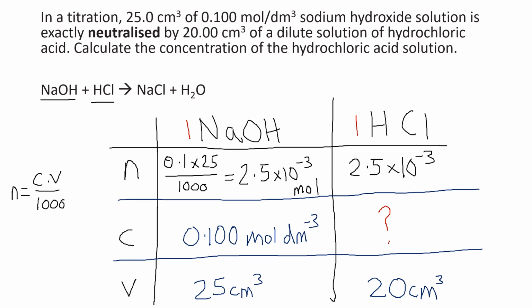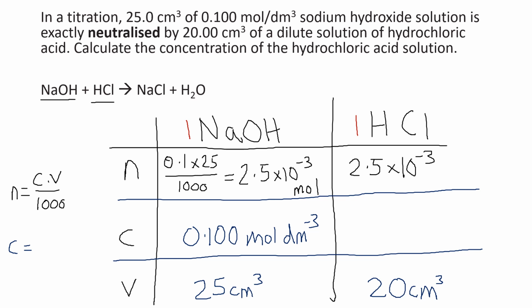Now at this stage we have the number of moles and we have the volume of the hydrochloric acid. So what we have to do is take our equation that we've written over here and rearrange it to make C the subject of the equation.